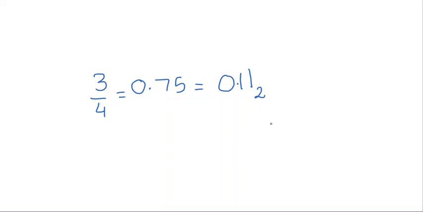So let's try that. We have the number, and how do we convert it back? We take 0.11 base 2. Like we did before, the 0 is the whole part, so we treat it separately, and we divide the number into the fractional part and the whole part. This is our fractional part.